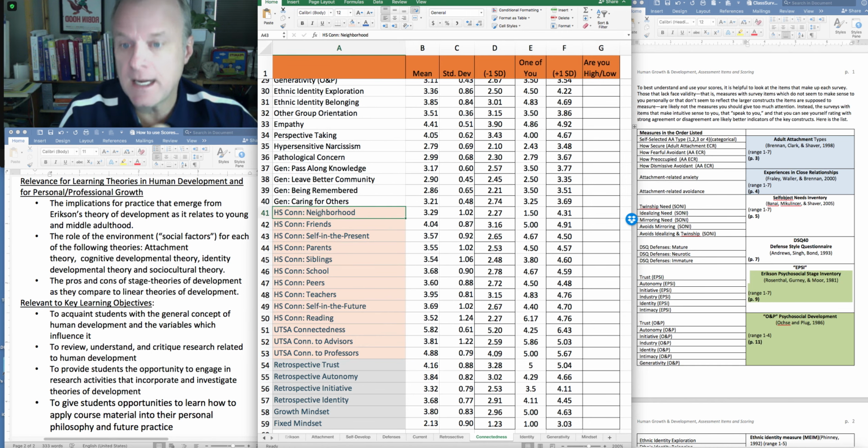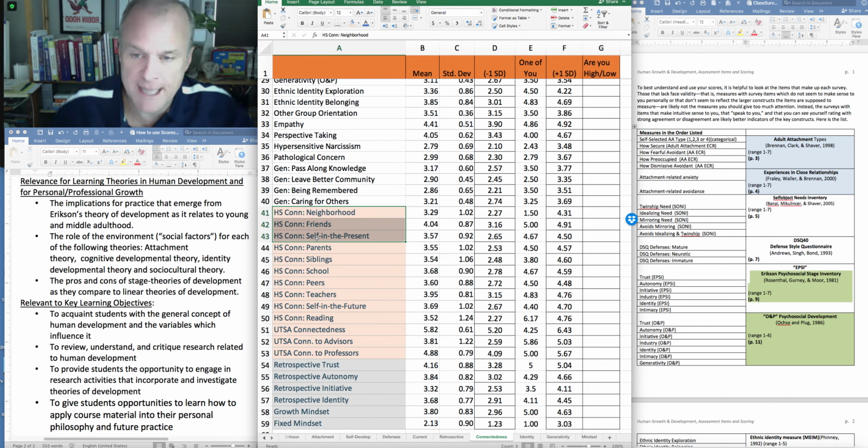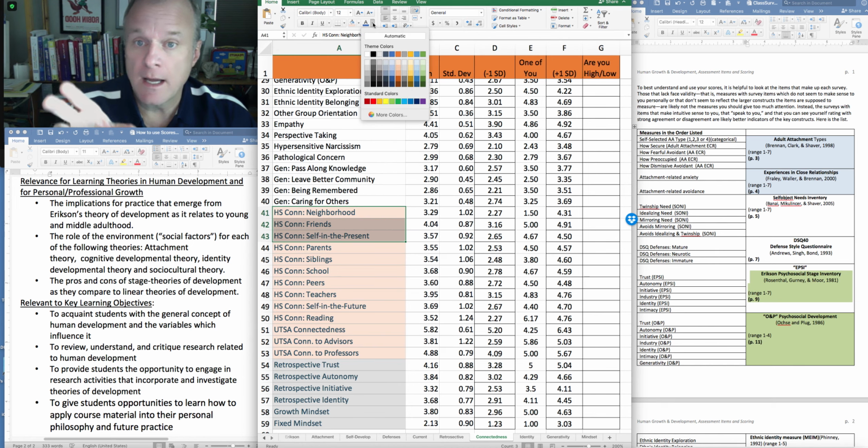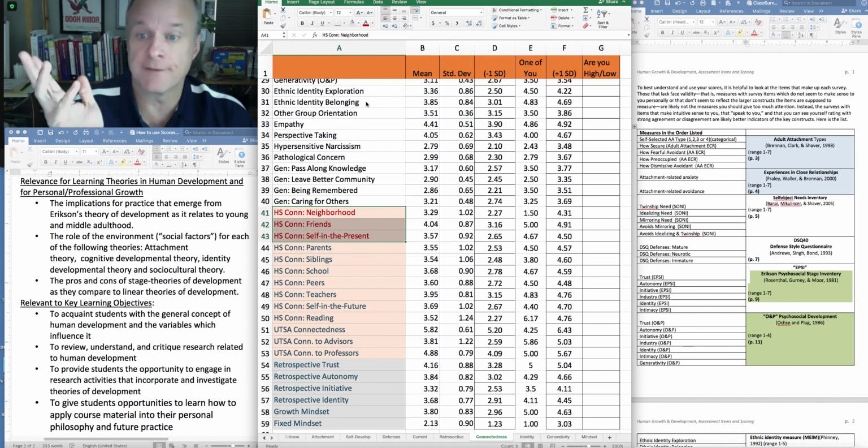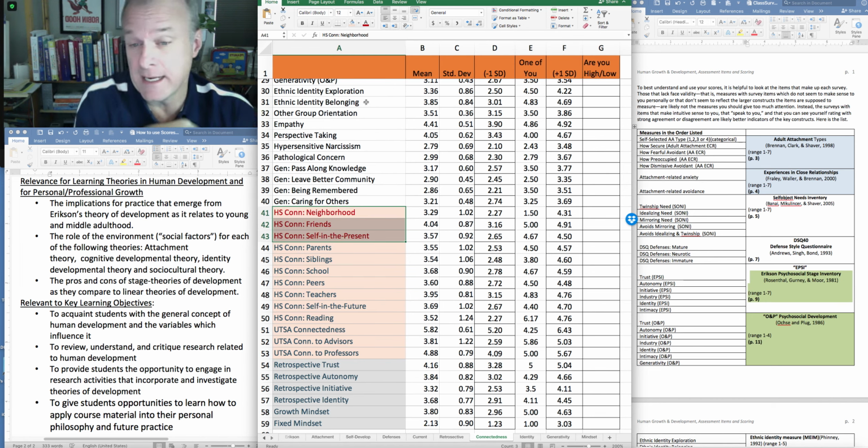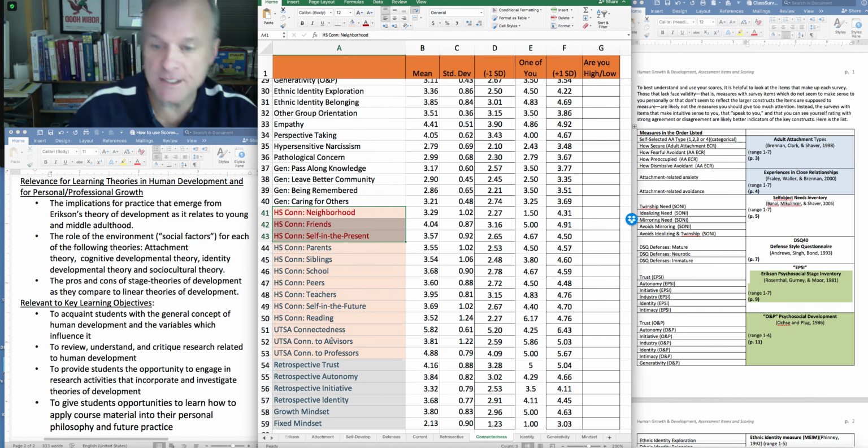So I'm going to highlight a group of measures, and I've already seen that this bears out in the data pretty well with this class, where connectedness to one's peers, I'm going to put that in red, is predictive of risk-taking and is reflected in these constructs.